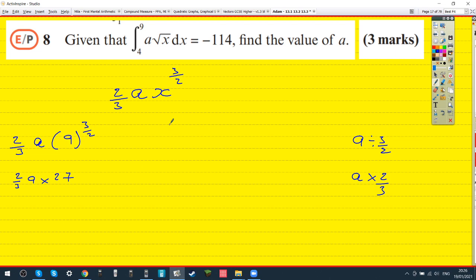So could you just do 2 over 3 times 27? Yep. Which is 18. Would it be 18a? Well done.